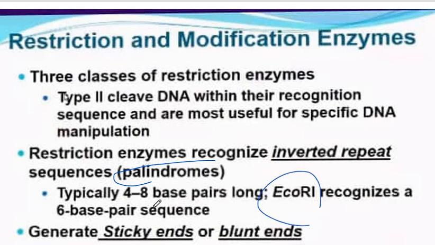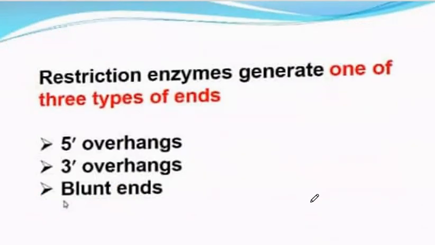EcoR1 recognizes a 6 base pair sequence, as we discussed in the previous lecture, and generates sticky ends and blunt ends. Restriction enzymes generate one of three types of end: 5' overhang, 3' overhang and blunt ends.